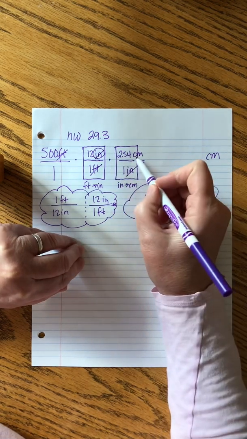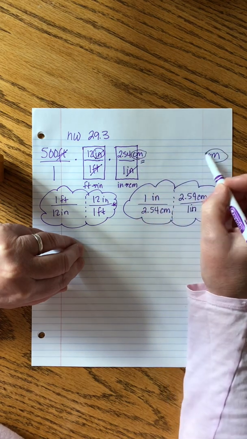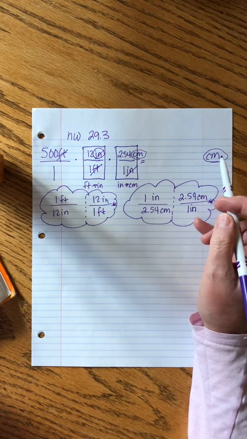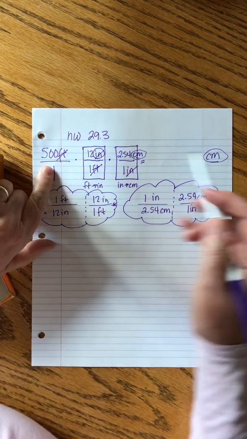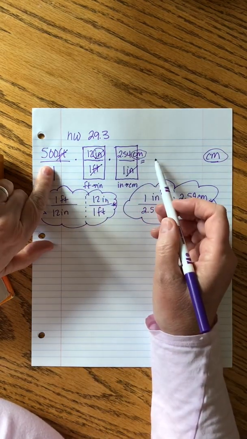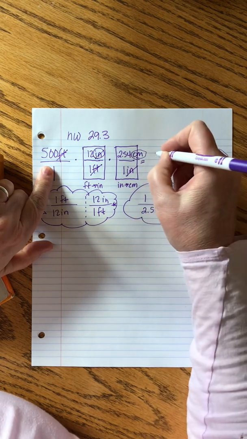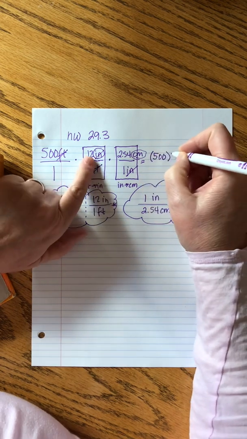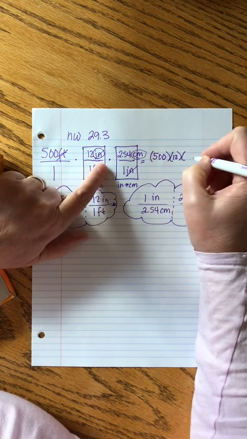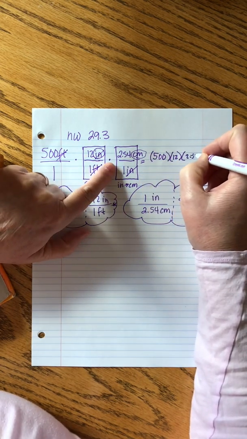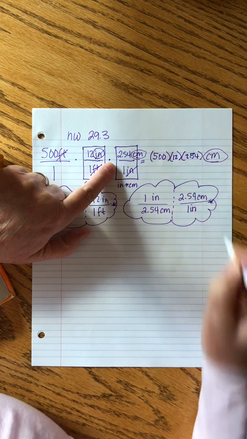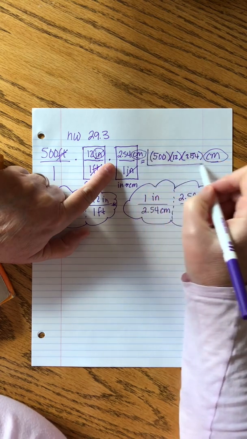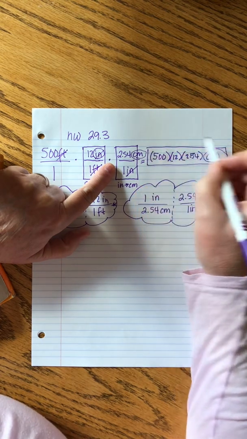And I'm left with centimeters, not the number, just the unit. That's what I want. So my final answer is to multiply the numbers across, and it will be 500 times 12 times 2.54 is the final answer, and that's correct. All right.